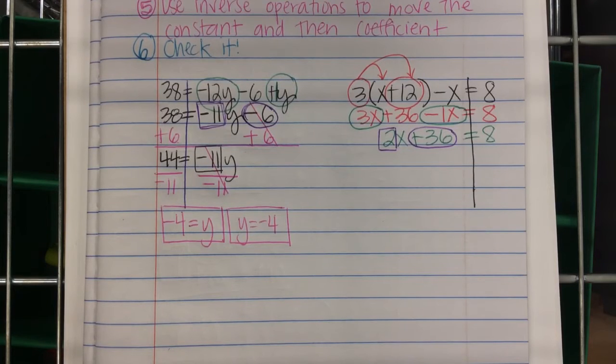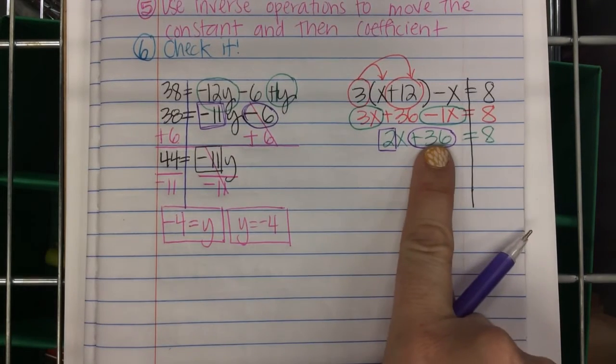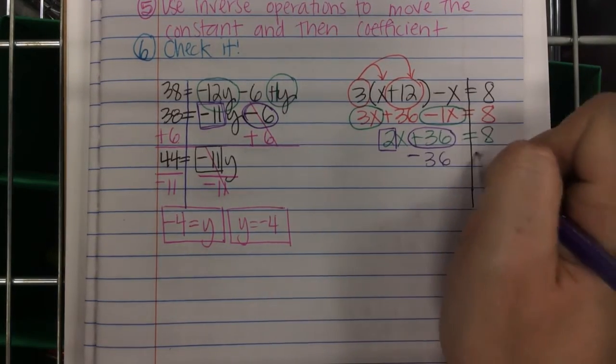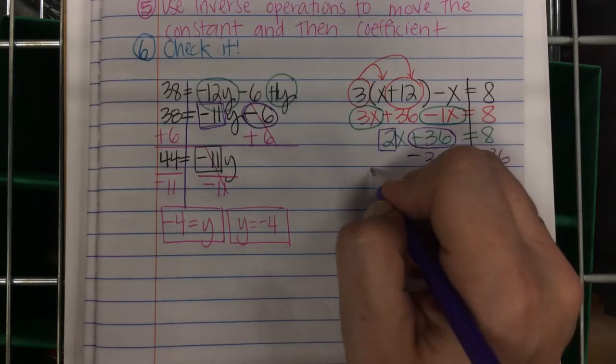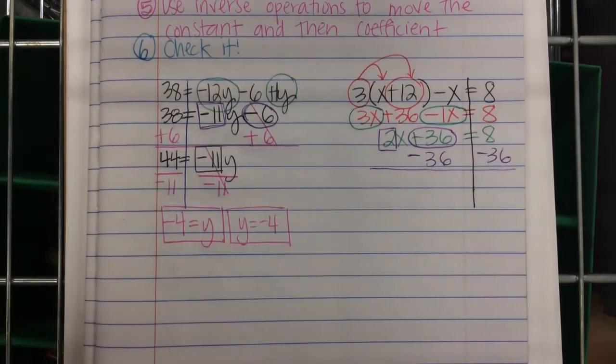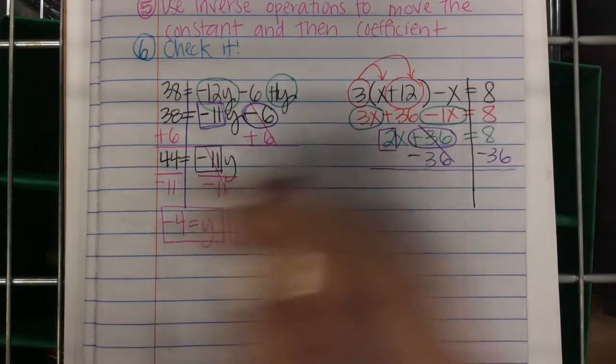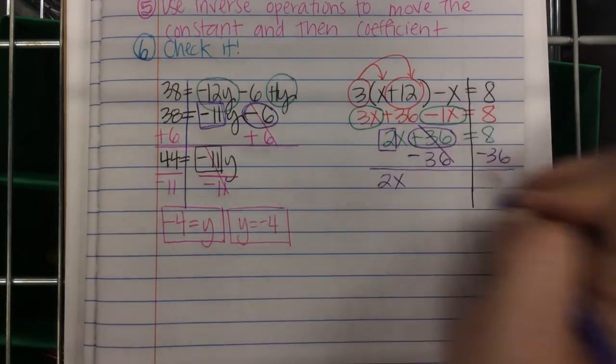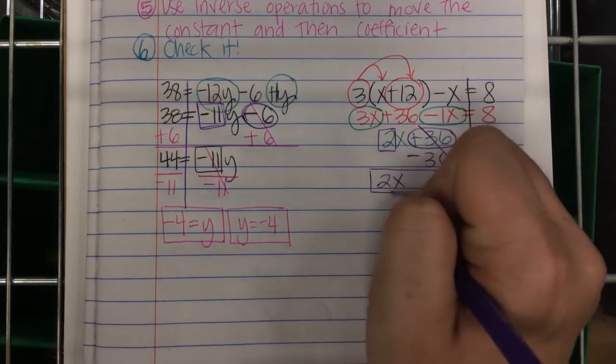What do I do now? Which one goes first, Nicholas? What's the opposite of plus 36? Two x is left over on the left side with a box still around the 2.